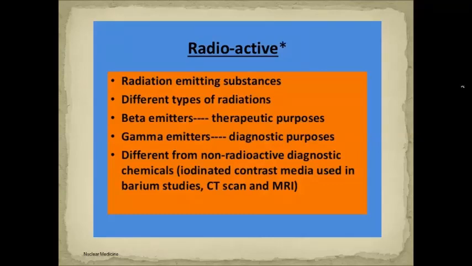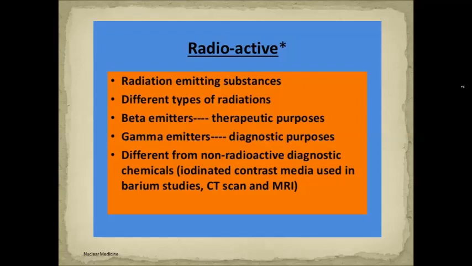All substances which are used in nuclear medicine procedures are radiation-emitting substances. They produce different types of radiations. And for our therapeutic or diagnostic goals, most important among these types of radiation are beta and gamma emitters.